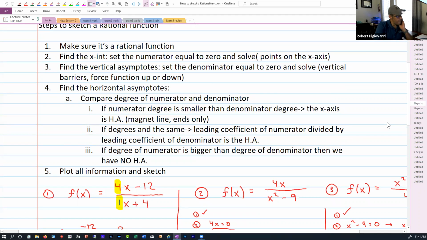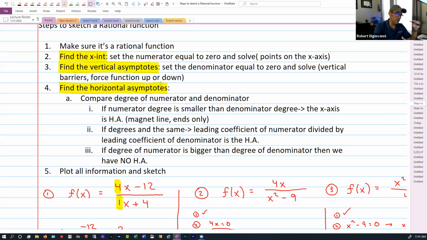So what I would expect on the test is, I'm not going to give you all the steps on how to do this. What I'm going to do is tell you, find the x-intercept, find the vertical asymptotes, find the horizontal asymptotes. So I'll give you those steps.